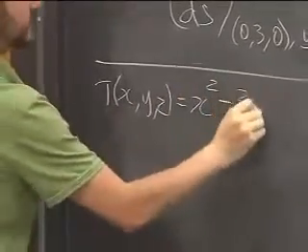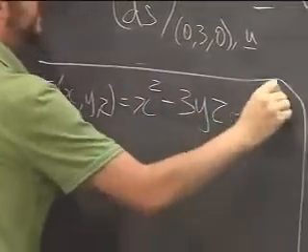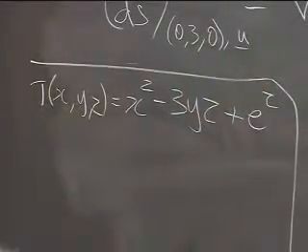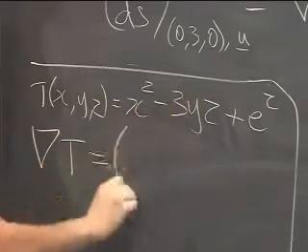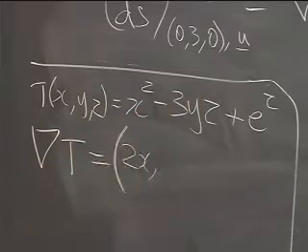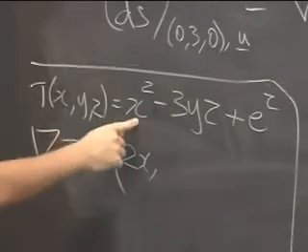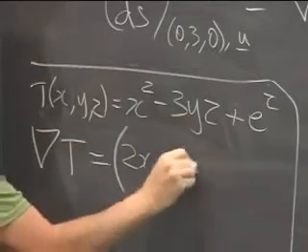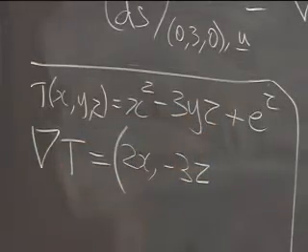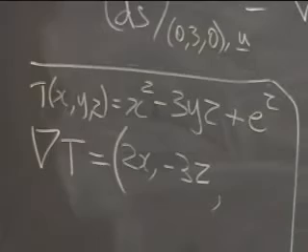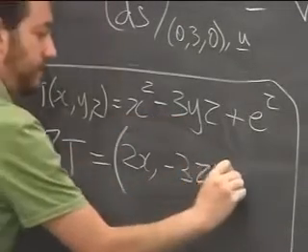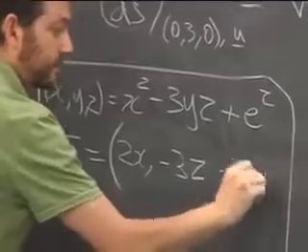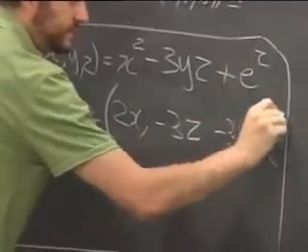T is x squared minus 3yz plus e to the z. So its derivative is, differentiating with respect to x, 2x. Now differentiate with respect to y. That's minus 3z, and this doesn't affect anything. And now differentiate with respect to z. You get minus 3y plus e to the z.